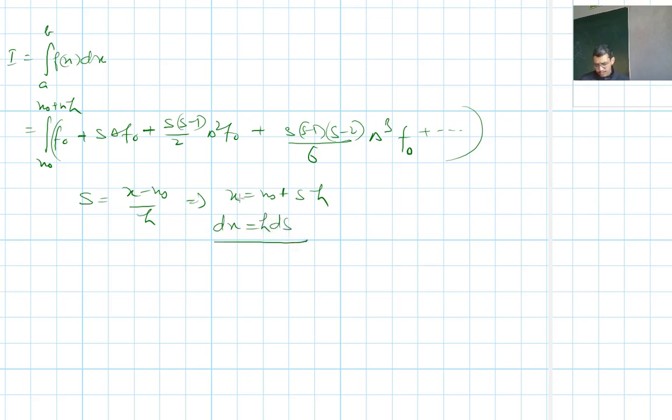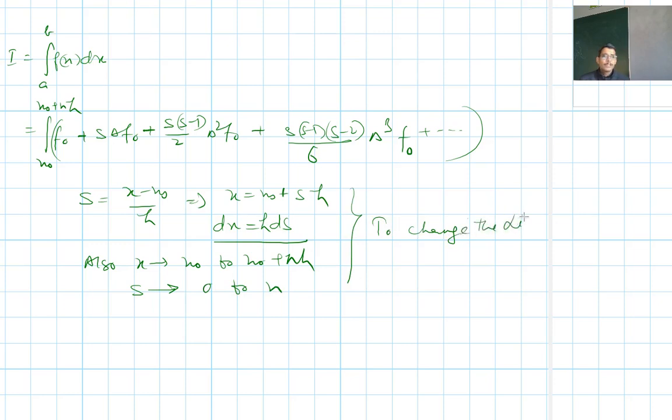So if I put these values here, and also as x goes from x naught to x naught plus nh, similarly s goes from 0 to n, because we want to change the limit. This is the step we are doing to change the limit.